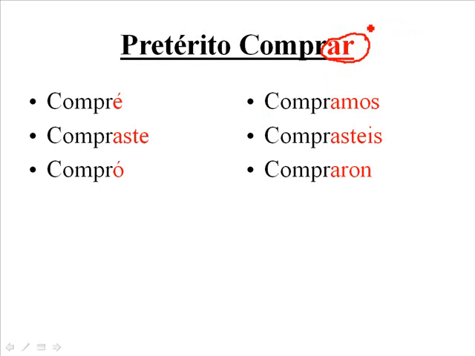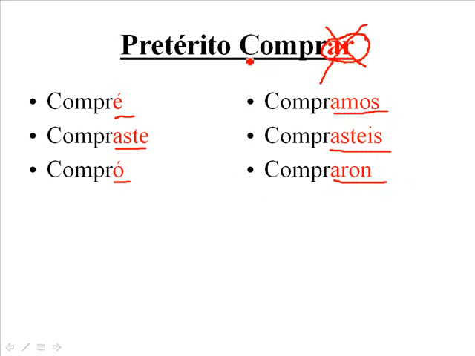In this case, we're going to take off that AR. We're going to add an ending. Those endings for AR will be é, aste, ó, amos, asteis, aron.